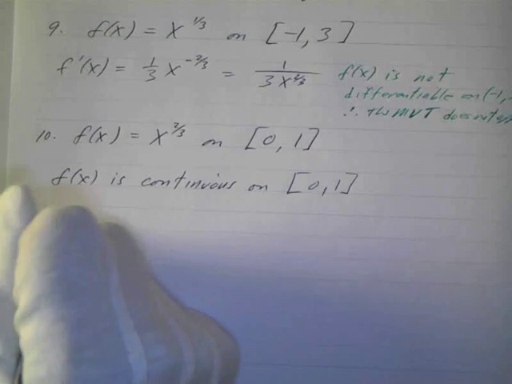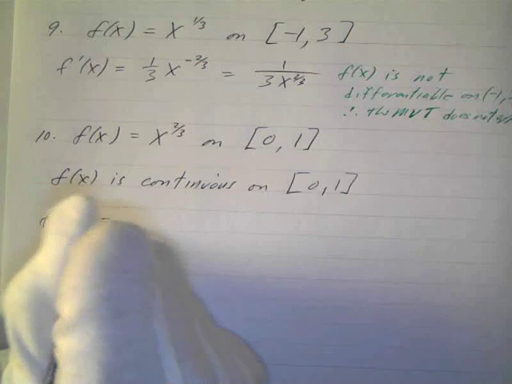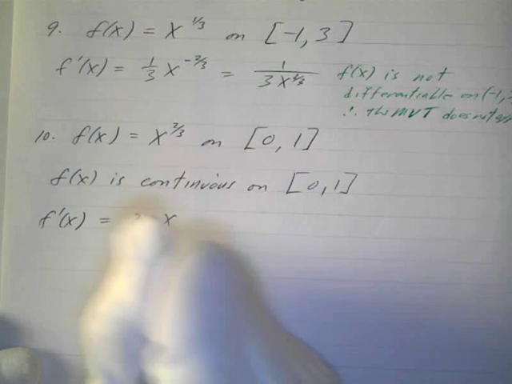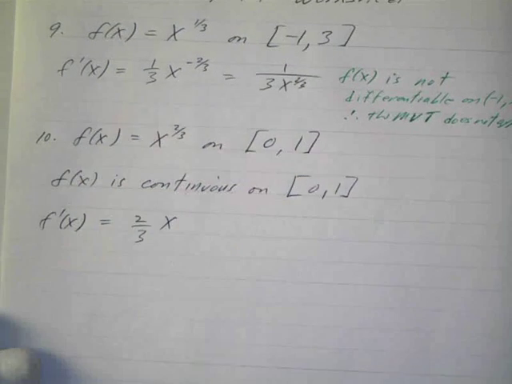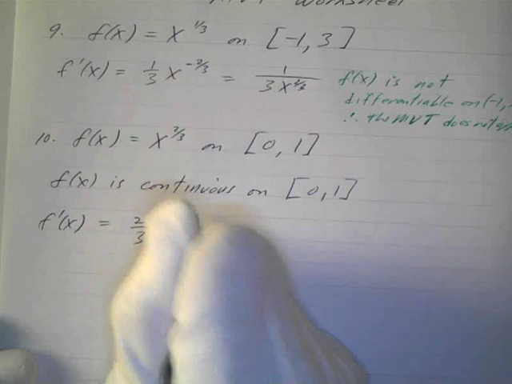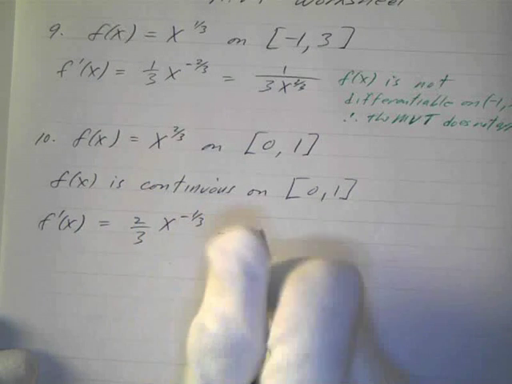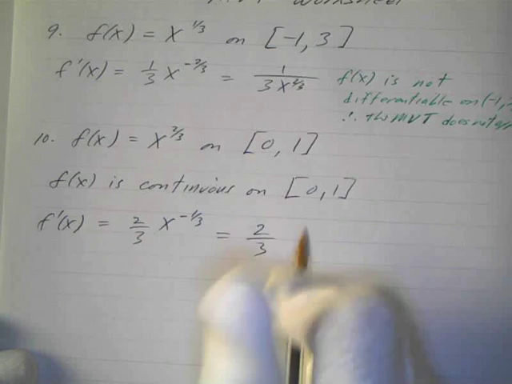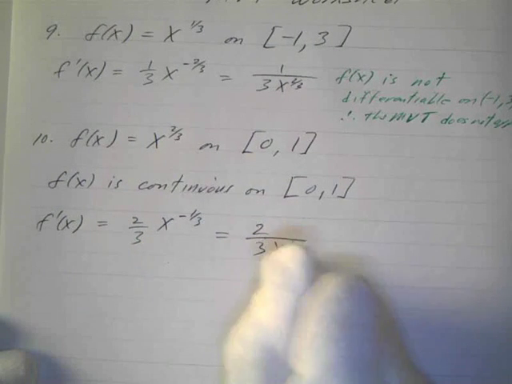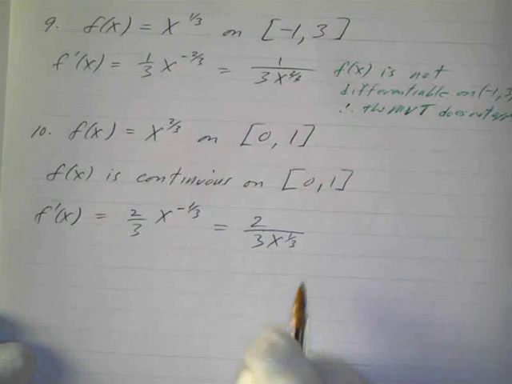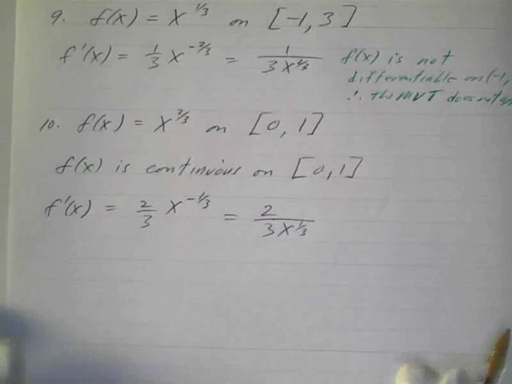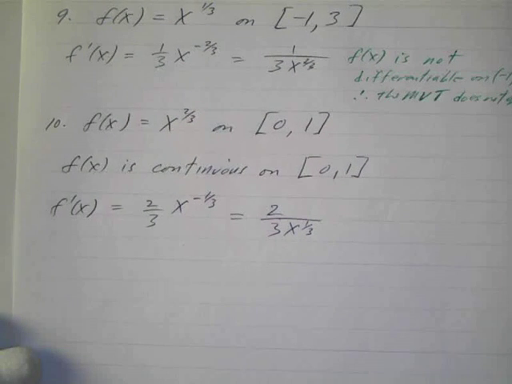So what's f prime of x? f prime of x is, again, 2/3 x to the, and if I subtract 1, 2/3 minus 3/3 is -1/3, which is the same thing as 2 over 3 times x to the 1/3. So we have a problem at 0, but that's the only place. But 0 is not in the open interval because it just has to be differentiable on the open interval.